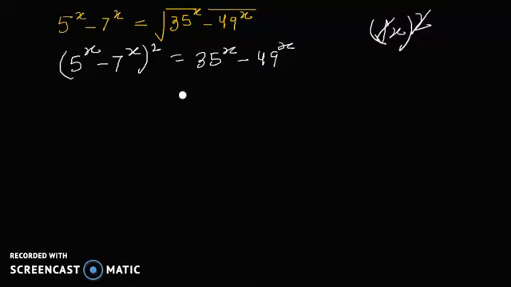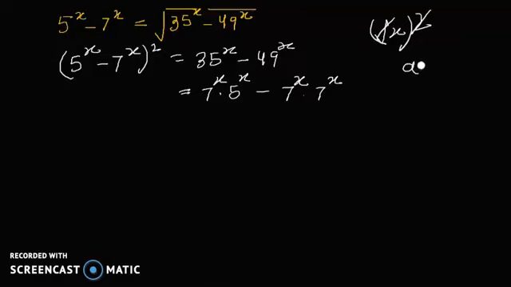Now next step is we can write this 35 as 7 raised to power x and 5 raised to power x minus 7 raised to power x times 7 raised to power x times 7 raised to power x.